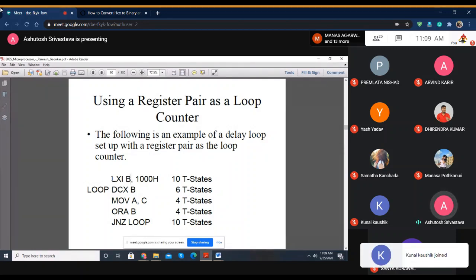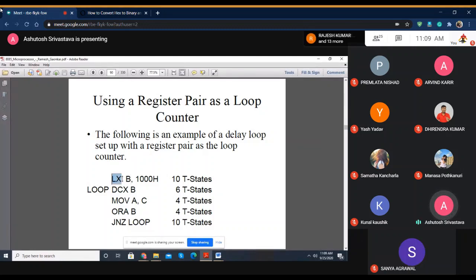So what your machine understands is the binary of, say, LXI B. That is basically that you're giving the value to your B and C registers on an immediate basis. And here the value happens to be 1000 in the hexadecimal form. So this will also have its equivalent binary form, which the machine would understand. Is that clear? This is very important.